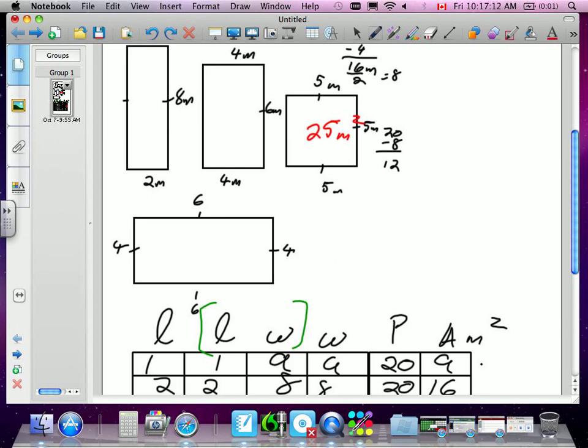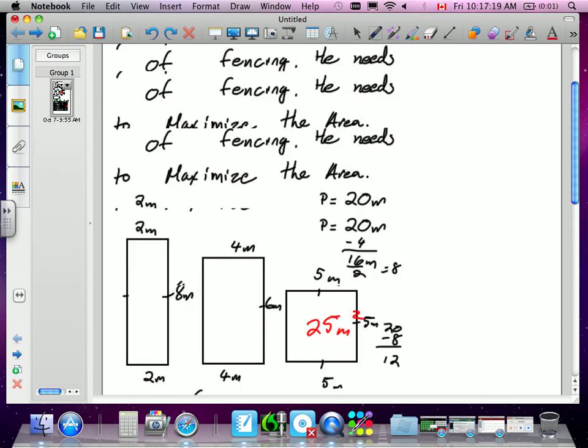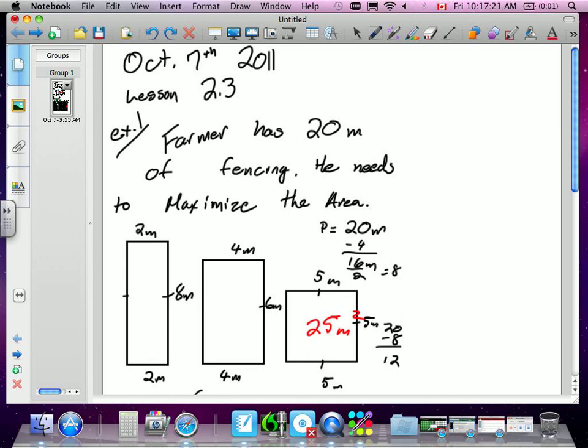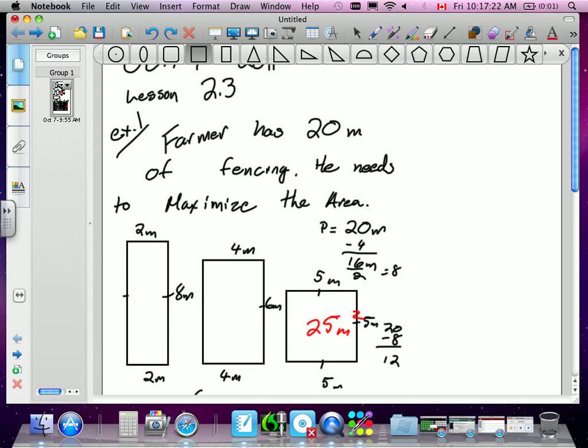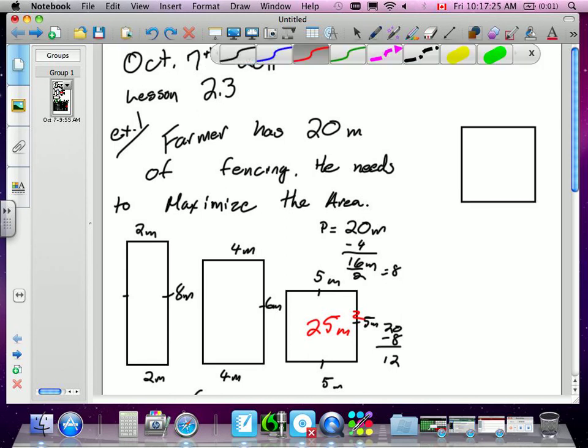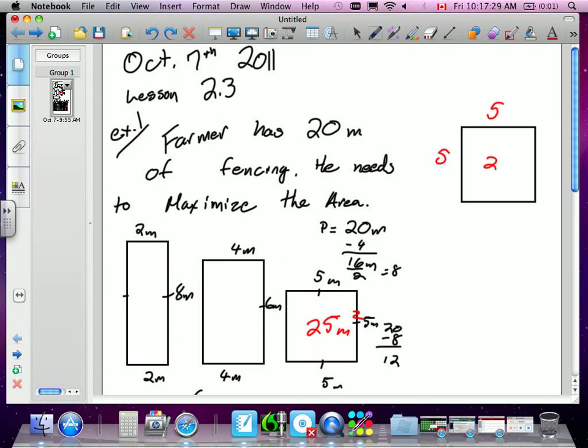The closer you get to the square, the more area you guys are going to have. So it makes most sense for this farmer to build a pen that is 5 meters long and 5 meters wide. That way his area in the pen is 25 meters squared, using his 20 meters of fencing.